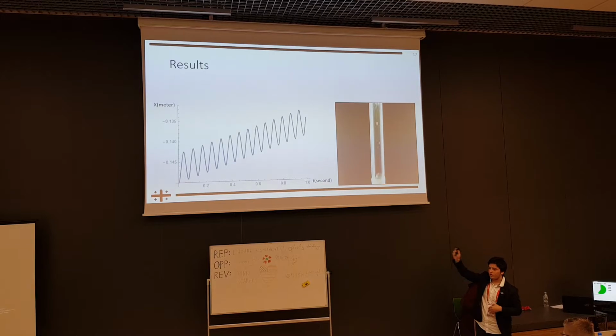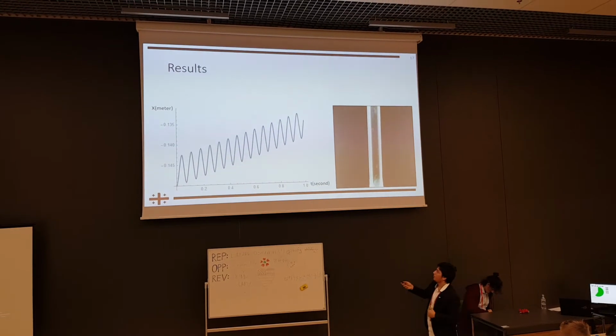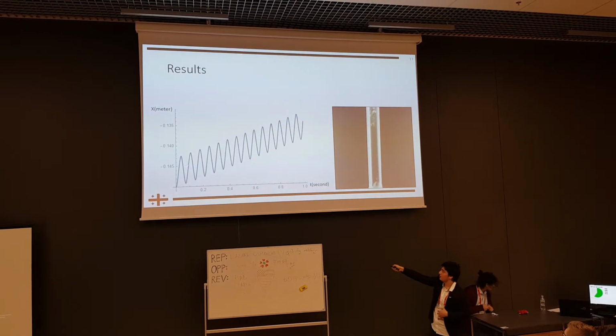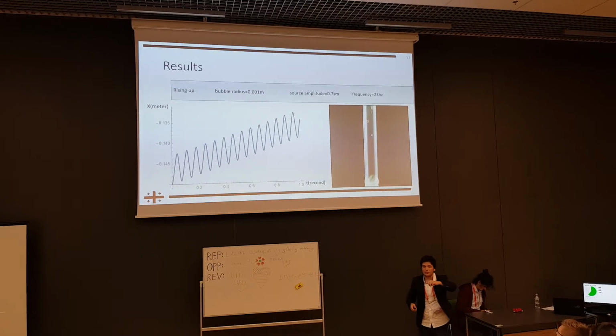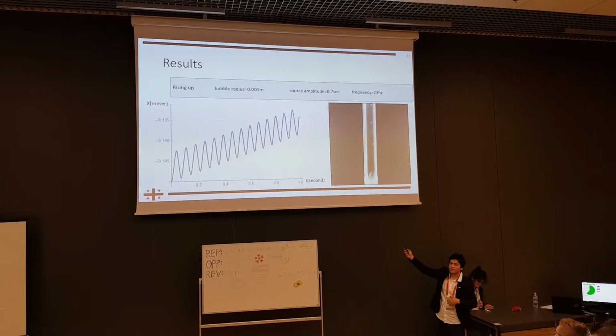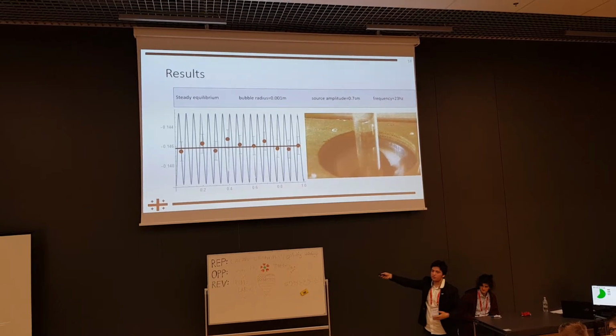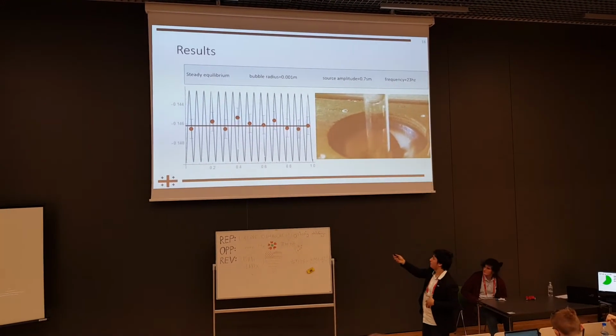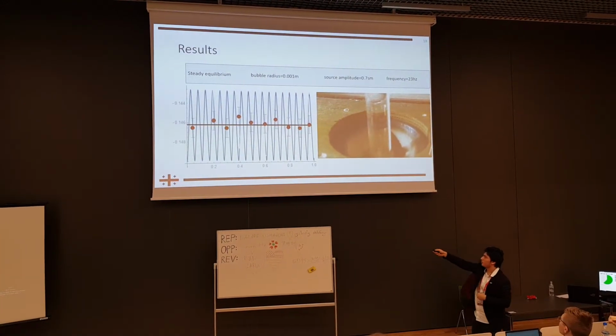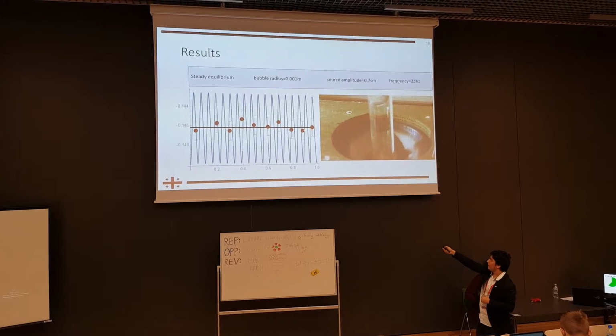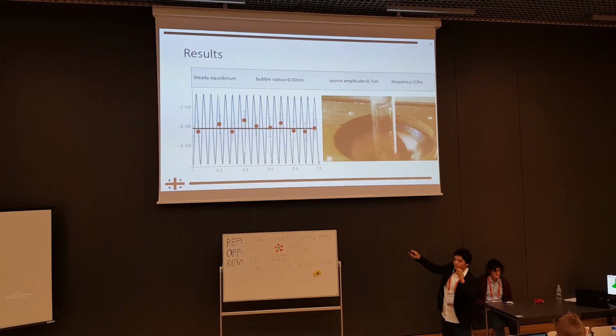Okay, and finally, when we solve the governing equation, we have this kind of solution. For example, this is the case when the bubble is above its critical depth and it rises up. But the most interesting situation is when, for example, the bubble stays at the same height.